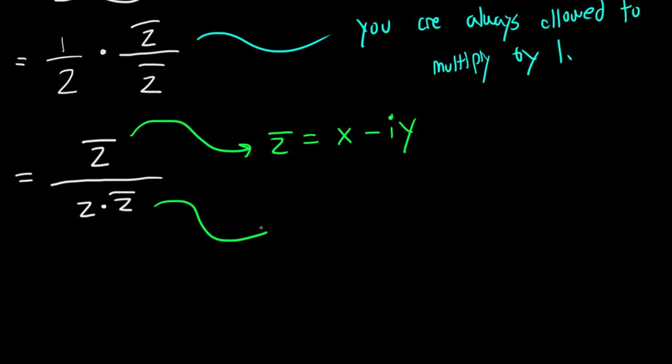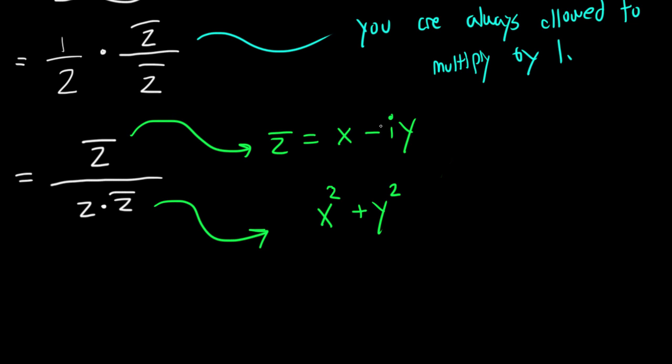On the bottom, we learned about this in the last video. We saw that multiplying a complex number by its conjugate is going to give you a real number, and that real number is going to be x squared plus y squared. If you're wondering how we arrived at that, check the last video. Really it's as simple as substituting z for what it is, which is x plus iy, and then substituting z conjugate for what it is, and then multiplying them out, and you're going to get x squared plus y squared.